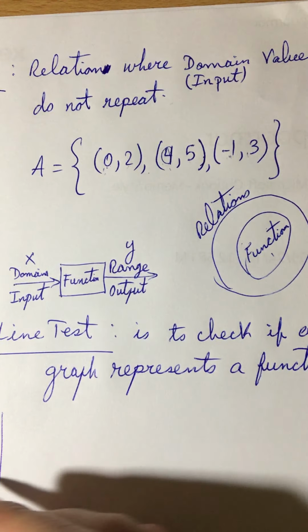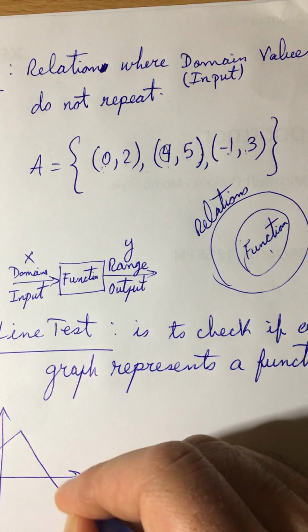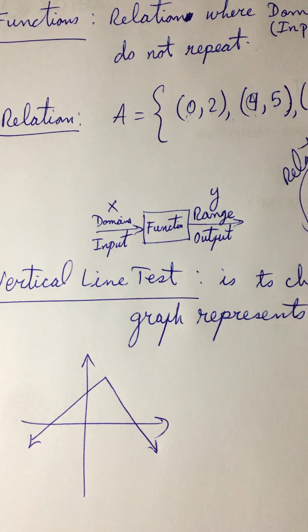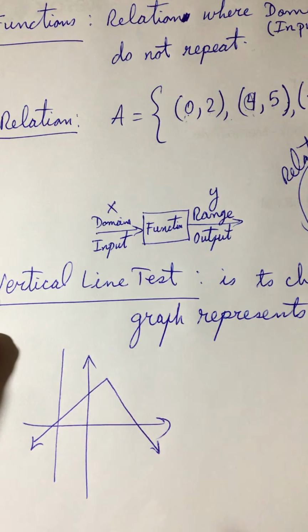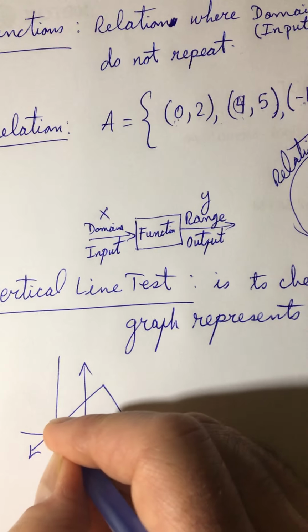So let's say I give you a graph that looks like this. It's an absolute value graph, don't worry about it. How do we know this graph represents a function? So you perform a vertical line test. That means you draw a vertical line anywhere on the graph. Now, if I draw the line over here, how many times does it intersect the graph?